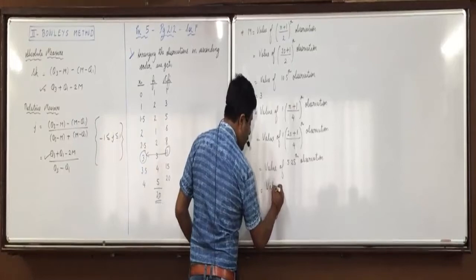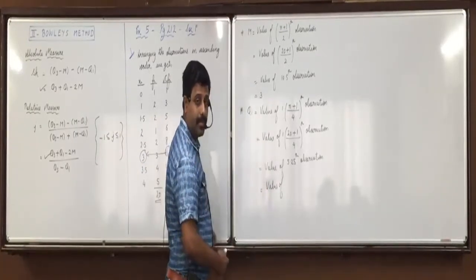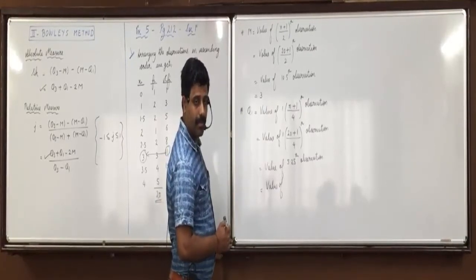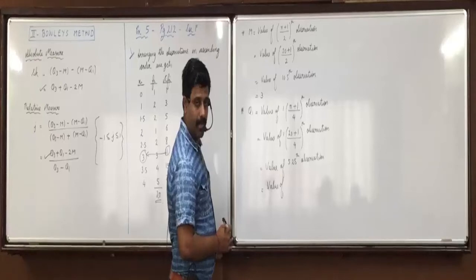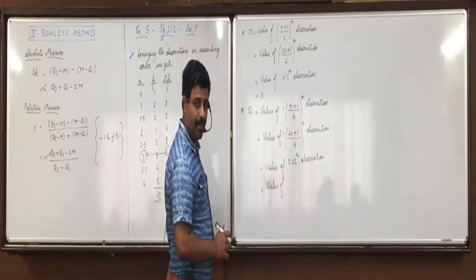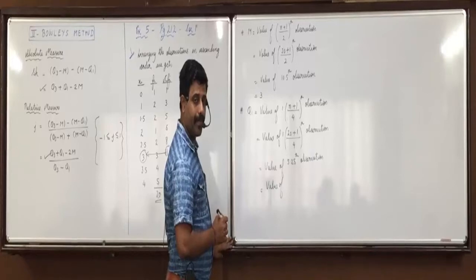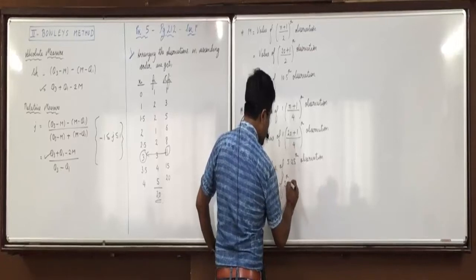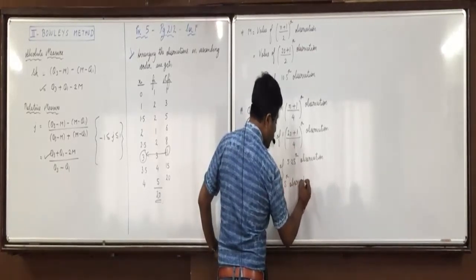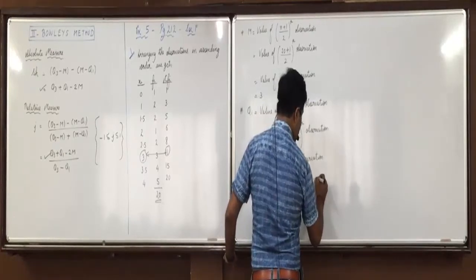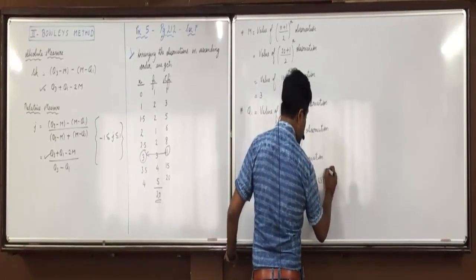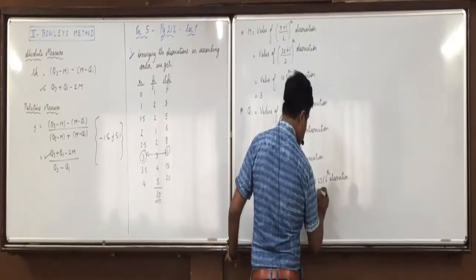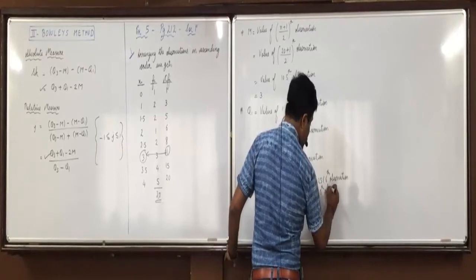Means value of 5th observation plus 0.25, only 0.25, in bracket 6th observation minus 5th observation.